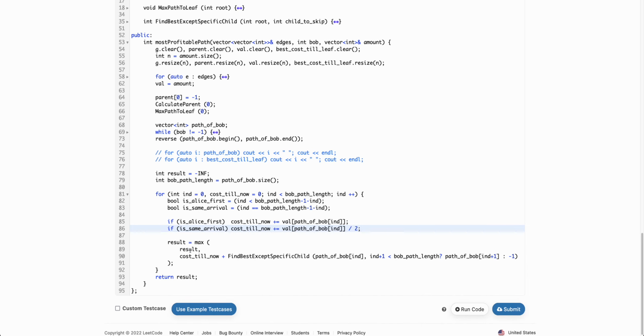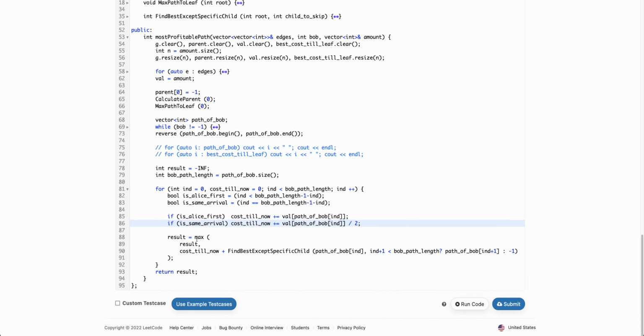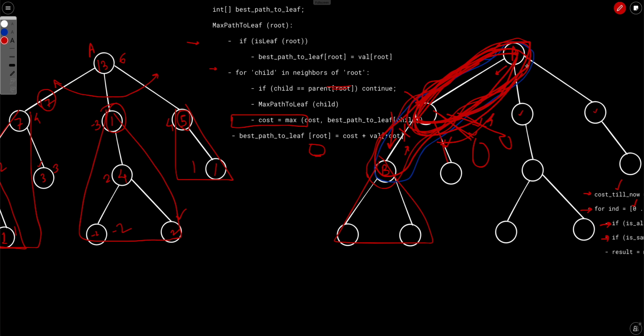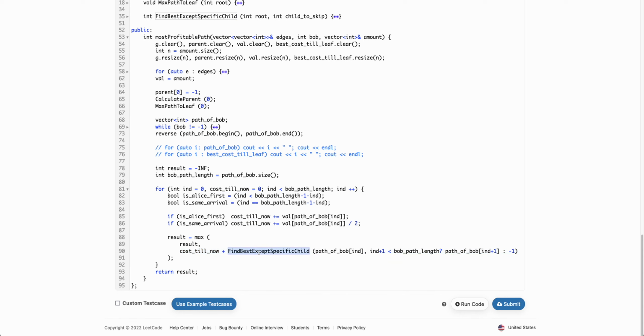Now once you have this, you do max result equals the maximum of previous results, from the common prefixes you have considered, and the cost till now, basically the cost of the prefix you have considered, plus the maximum across all the children except one specific child, and that specific child is this one.